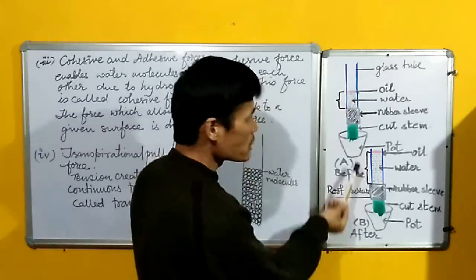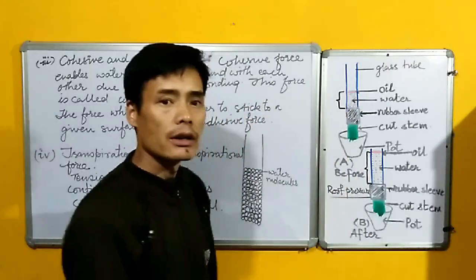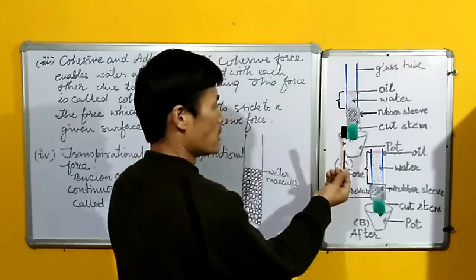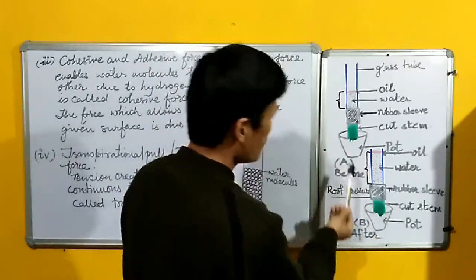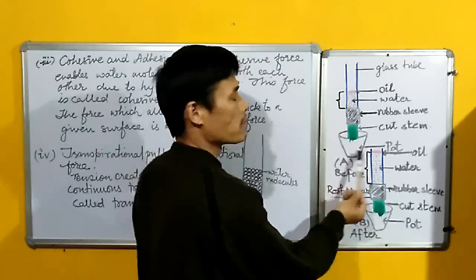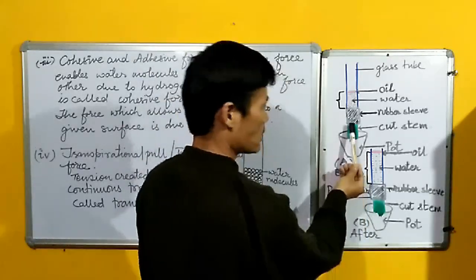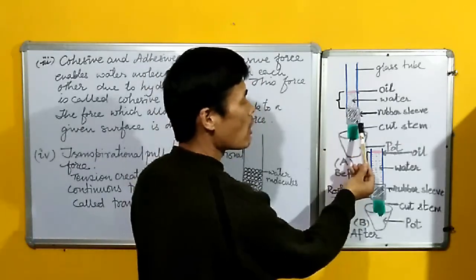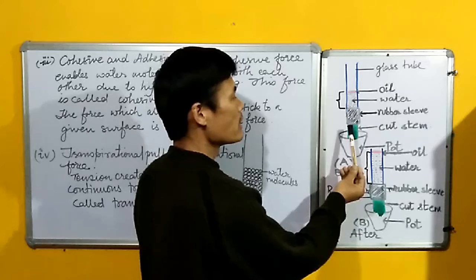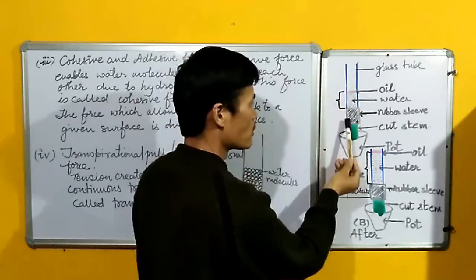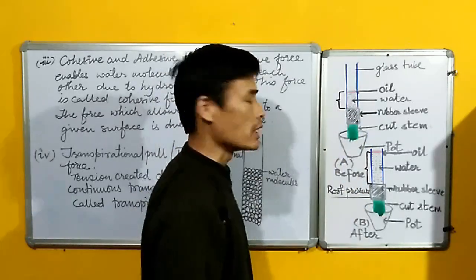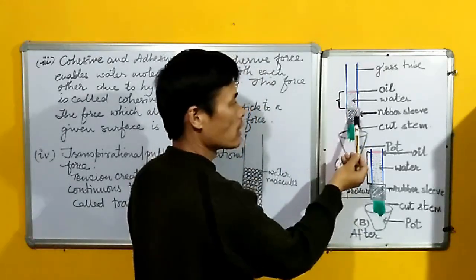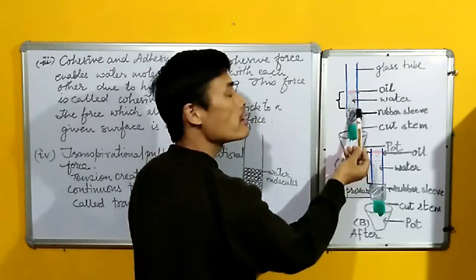According to the illustration on the board, we have two setups. In this setup, we see there is a potted plant, but with a cut stem. This cut stem of the potted plant is associated with a glass tube with the help of a rubber sleeve.